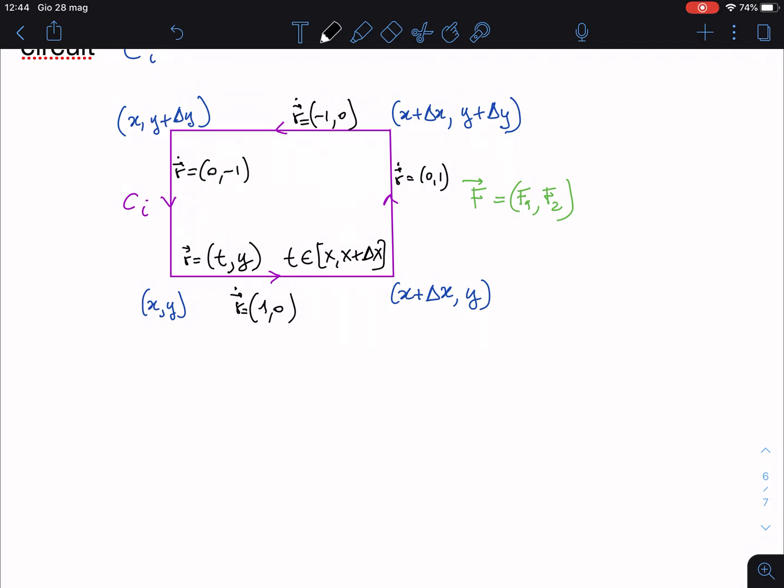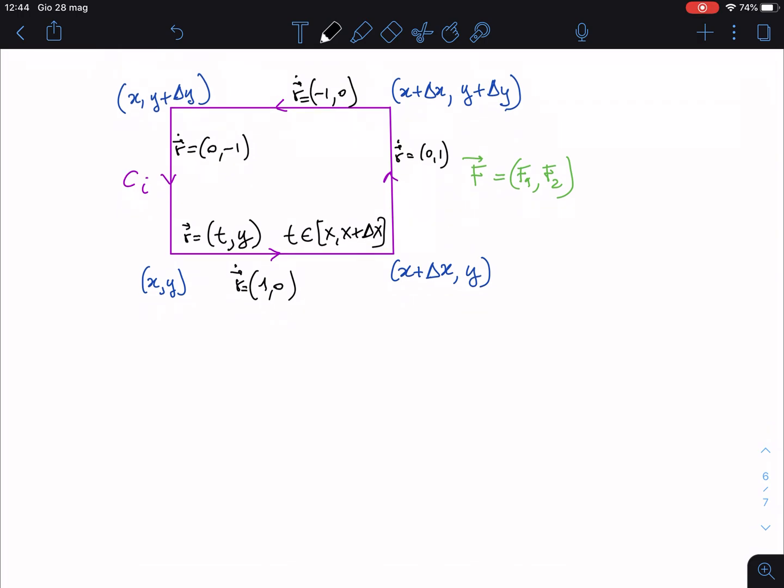And now let us go for computing the circulation. So if you compute the circulation on Ci of F times dr, this is equal to the sum over the 4 sides.